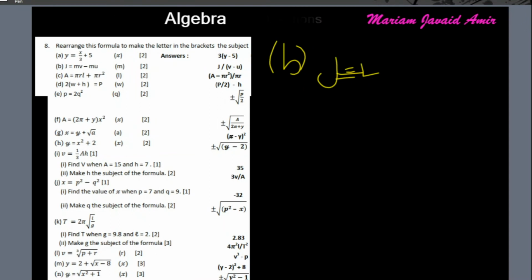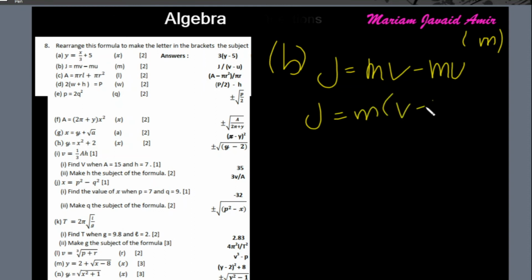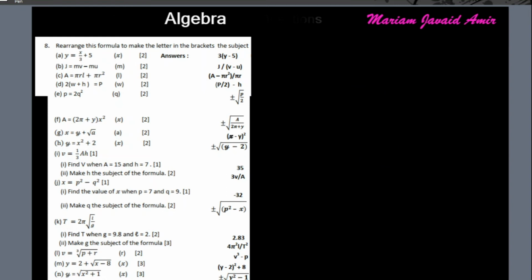Part B is j equals mv minus mu, and we have to make m the subject. So first take m common and then send v minus u to the other side. It will get divided to j, and we have isolated m. We've made m the subject.